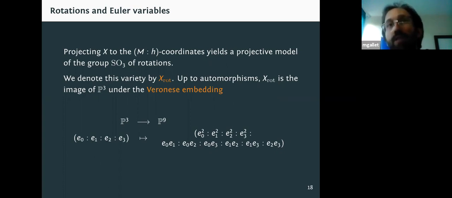One then sees that this X-rot is nothing but the so-called Veronese embedding of P3 into P9, up to a change of variables. Which means that we can rewrite rotations in terms of 4 coordinates, the E coordinates. And this is a well-known theorem by Euler. So these are called the Euler variables, the Euler coordinates for rotations.